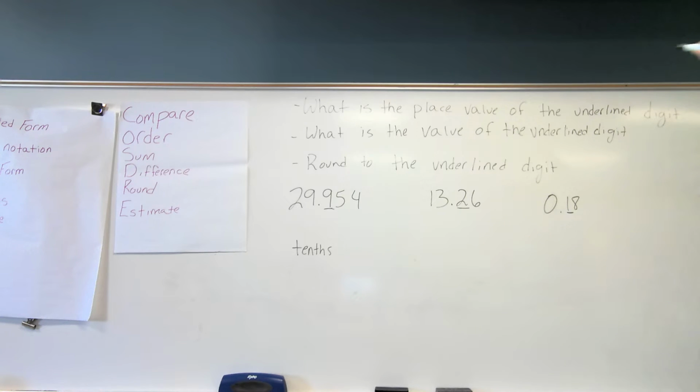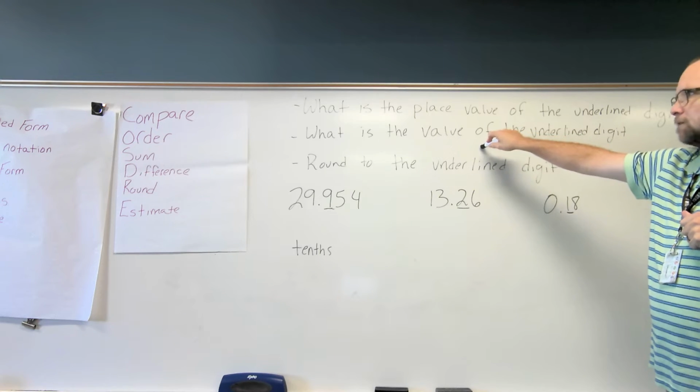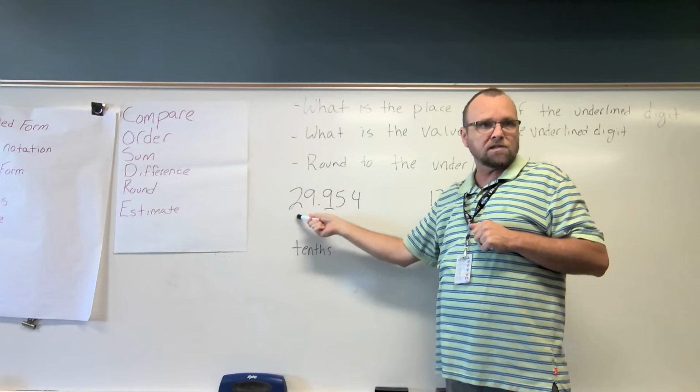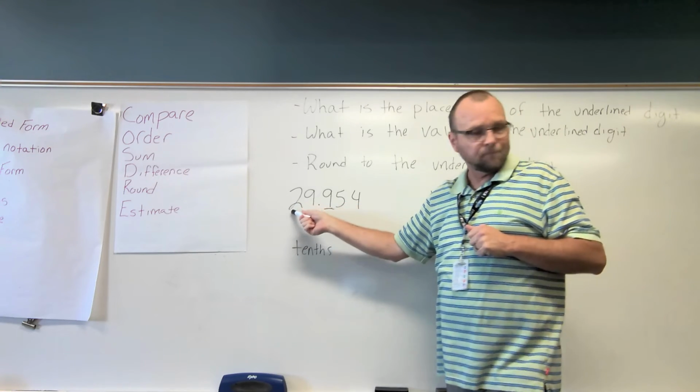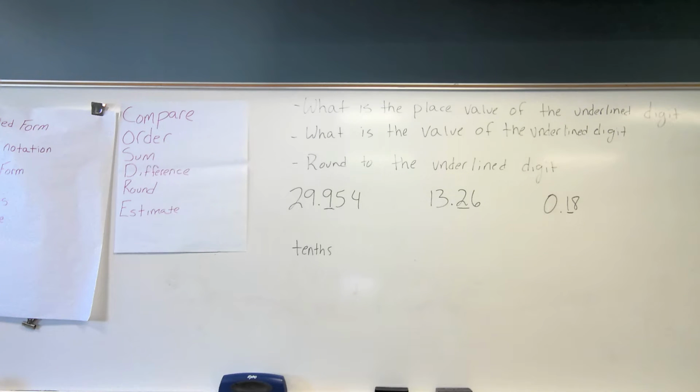Now, we also have to find the value of the underlined digit. So for example, the value of the 2 is 20, because it's 2 tens. The place value is tens, but the value of it is 20.